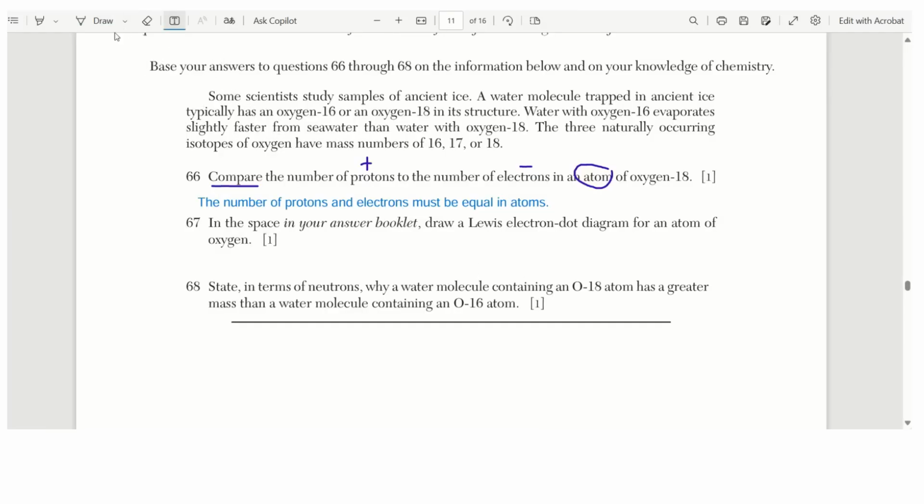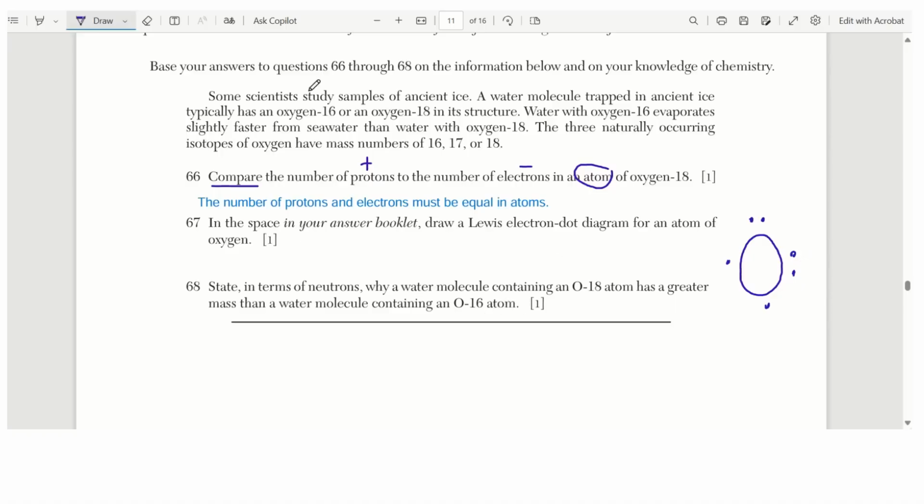So I can do it here. Here is oxygen. I need 6 valence electrons. 1, 2, 3, 4, 5, 6. Ta-da, like that.